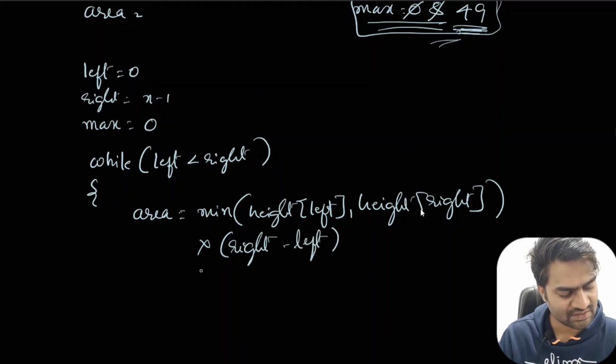Okay, so this will give us area. Then after that I will update max equal to Math.max of max comma current area.